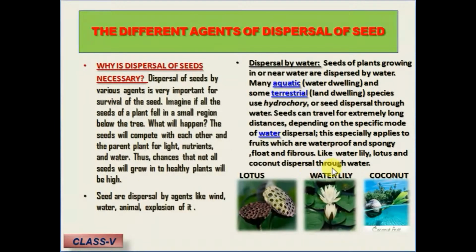Here you can see the lotus, water lily and coconut. Right? So they are light and spongy, that means air is trapped inside them, and they easily float and are dispersed far away, and new plants develop.